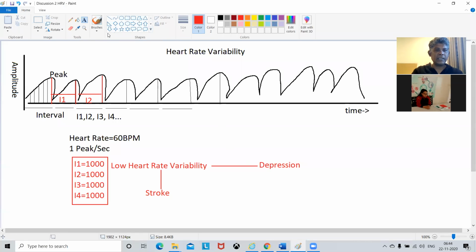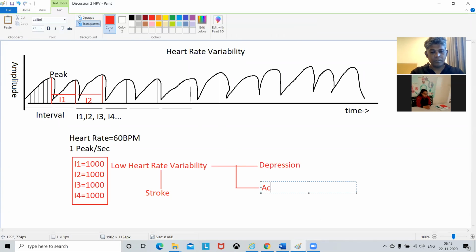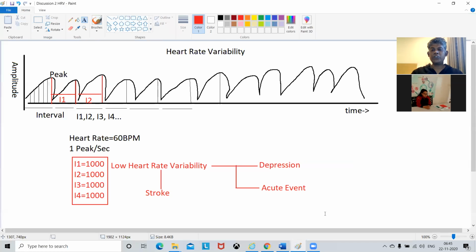The second reason is an acute event. There might be a stroke. There might be a liver failure. There might be a cytokine storm, which the body is handling in the case of cancer or, let's say, COVID.